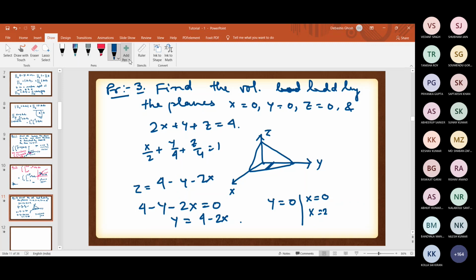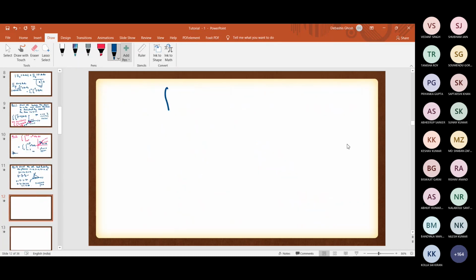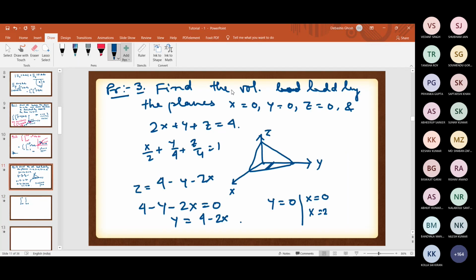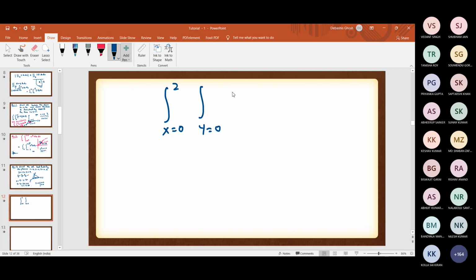So y equals 4 minus 2x. Okay, so the integration then comes to x from 0 to 2, and y has its range from 0 to 4 minus 2x, and then z.